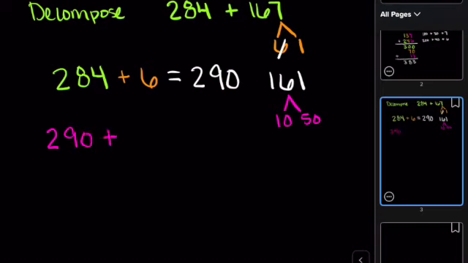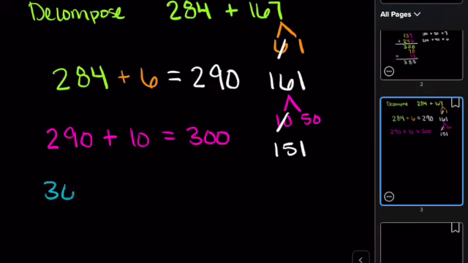When I add 290 plus 10, I'm going to get to 300. So now I'm at 300. I've added 6 and I've added 10. That means I've added 16 altogether. So I have 151 still left to add. I'm going to add 100 to 300 and get to 400.